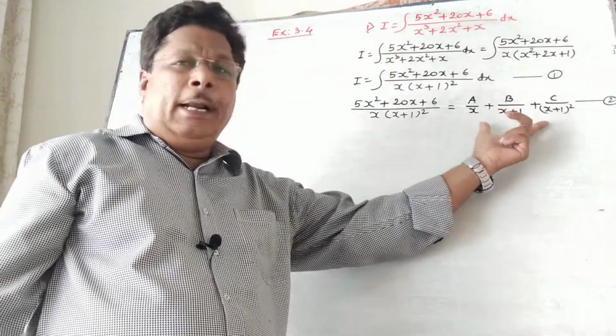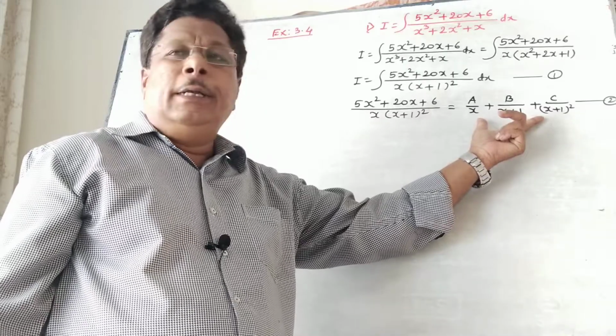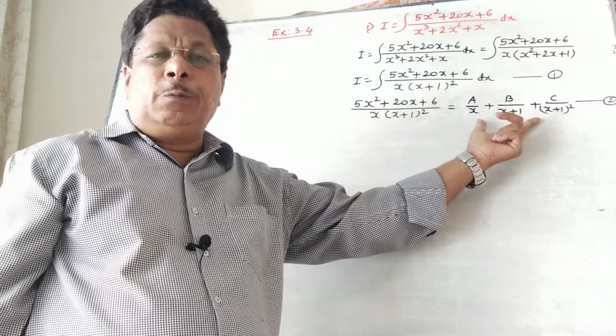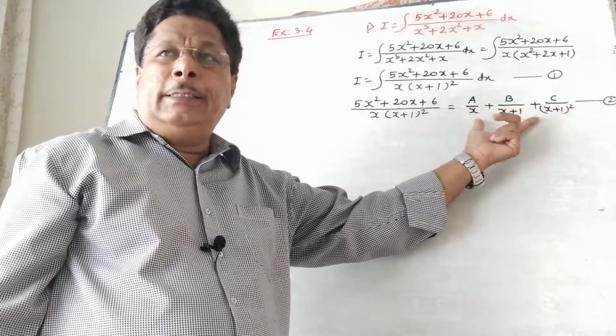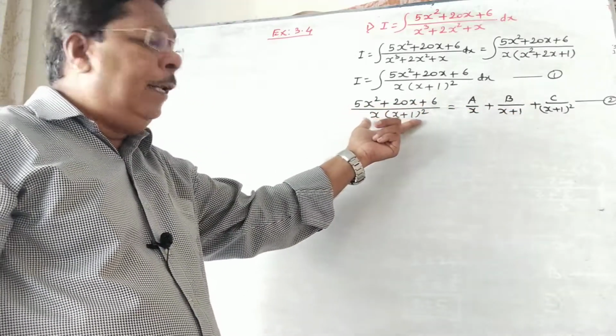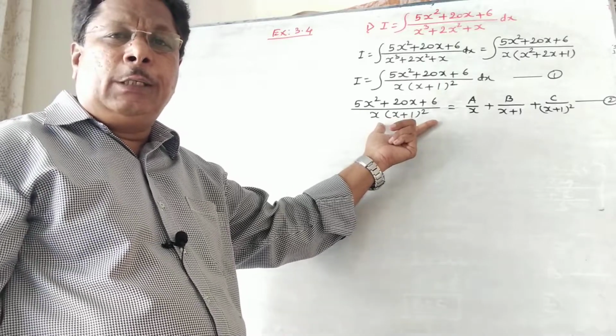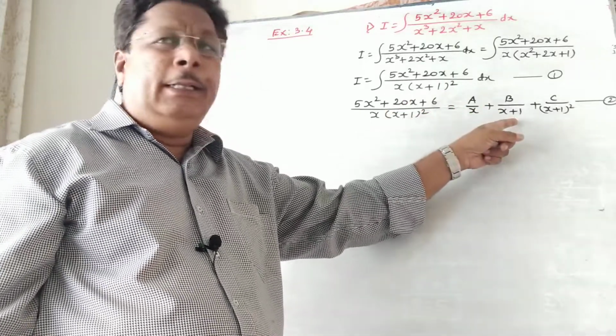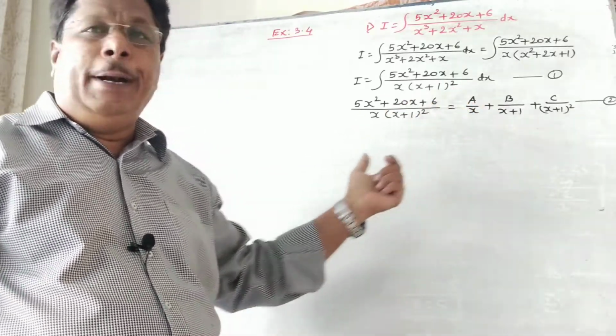Now take the LCM on the right hand side. The LCM is x into x plus 1 whole square. The denominator of the LHS is also the same, x into x plus 1 whole square. After taking the LCM, remove the denominator.